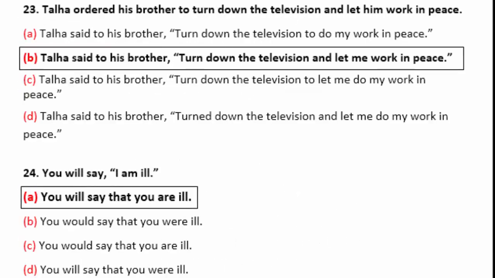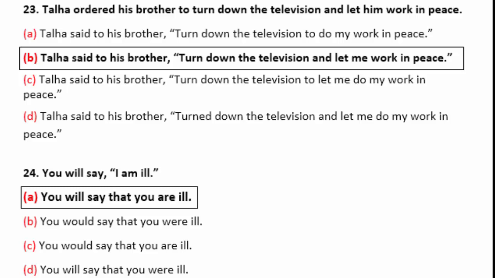Then sentence number 23. Talha ordered his brother to turn down the television and let him work in peace. So option number B is the correct option. Talha said to his brother, turn down the television and let me work in peace. Sentence number 24. You will say, I am ill.